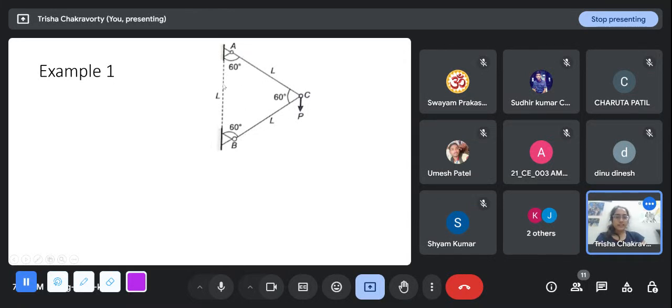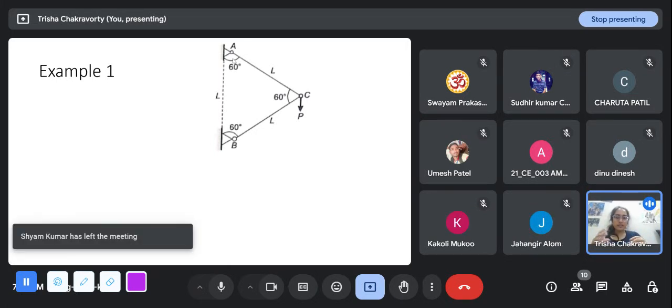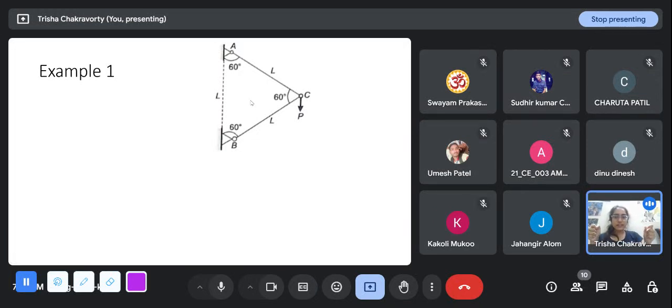But since these are both hinge supports, it is almost as if there was a hypothetical member here, an inextensible member of infinite rigidity. Suppose there was a member here, it is never going to elongate or compress because both its ends are fixed. So this is a valid truss even though it does not form a triangle.